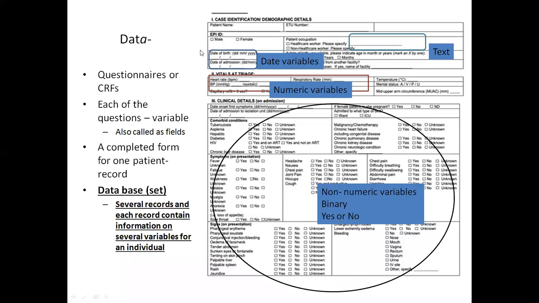Mostly a few of them would be date variables. You have a few numeric variables, the first class of variables, and then a few non-numeric variables. And if you look at non-numeric variables, there could be binary, which is just two responses, yes or no. We could also have multiple responses like this one here, mental status.